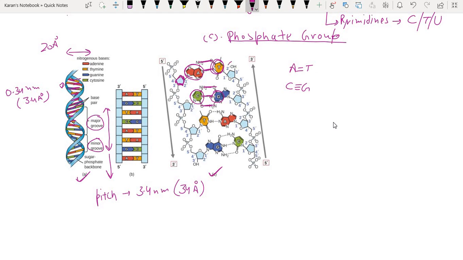And you can see this is the sugar phosphate backbone, and another is here, sugar phosphate backbone.